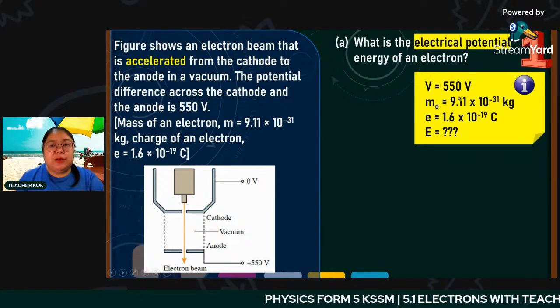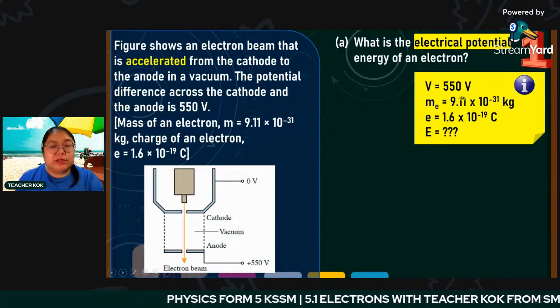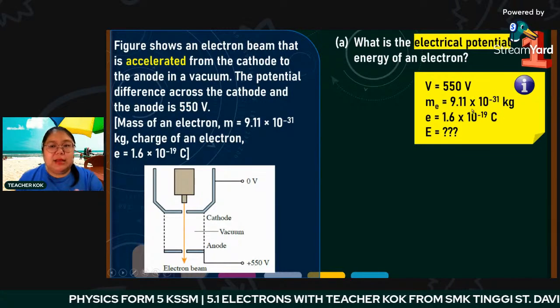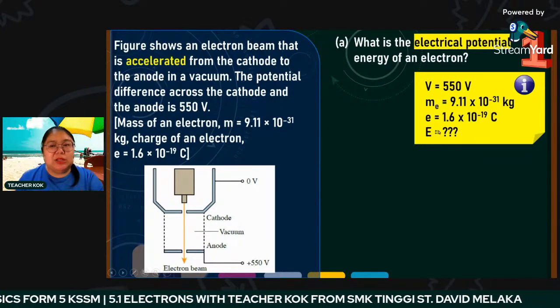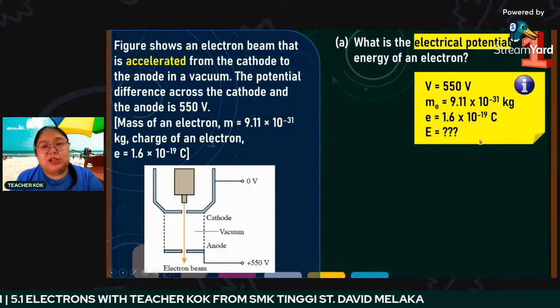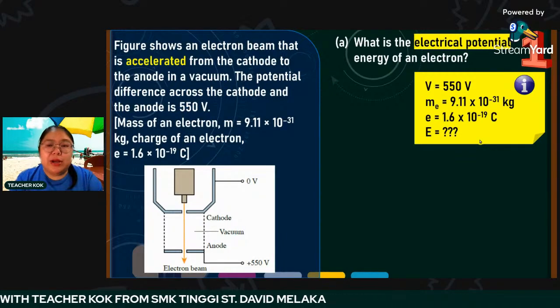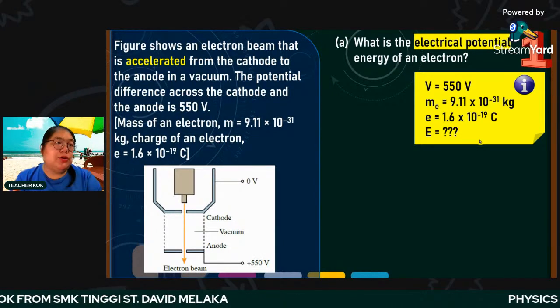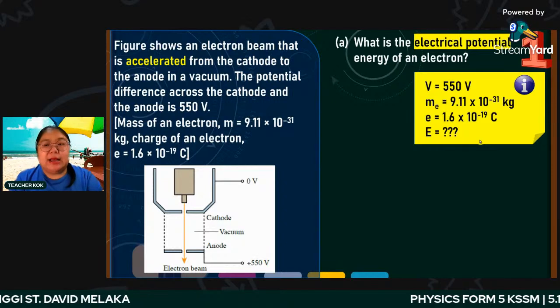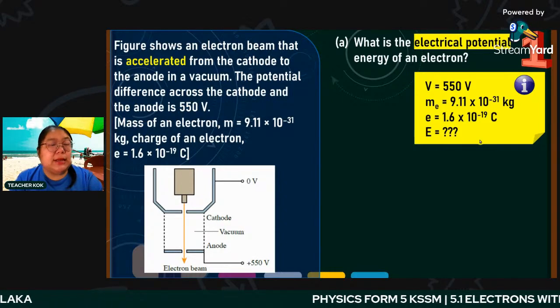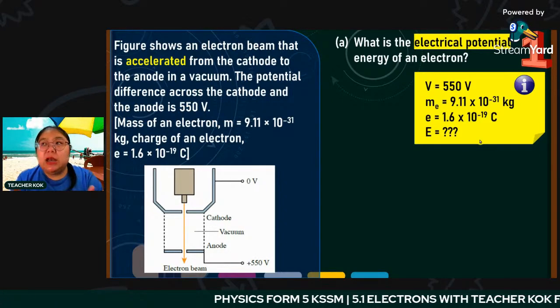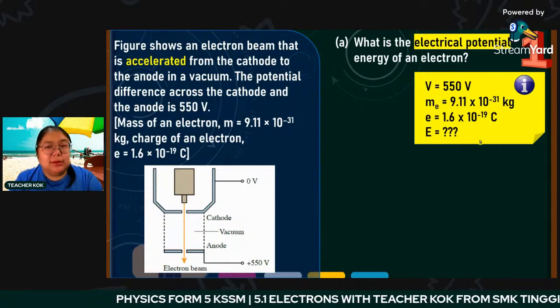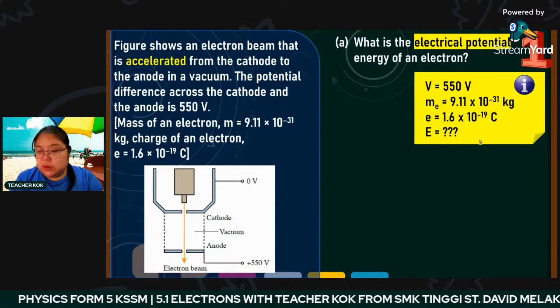We have potential difference 550, the mass of the electron, the electron charge, and the last one we don't know is the electrical potential energy. I want the answer. So now you start your calculation, then you send me the electrical potential energy for this question. So anybody?